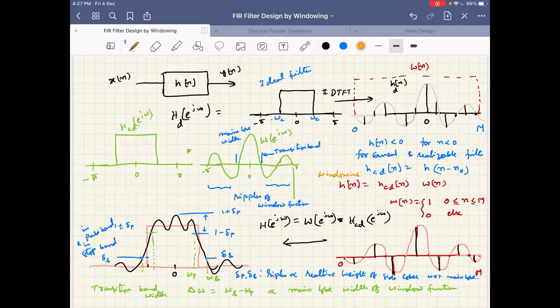And then you get the shifted or delayed, finite impulse response.